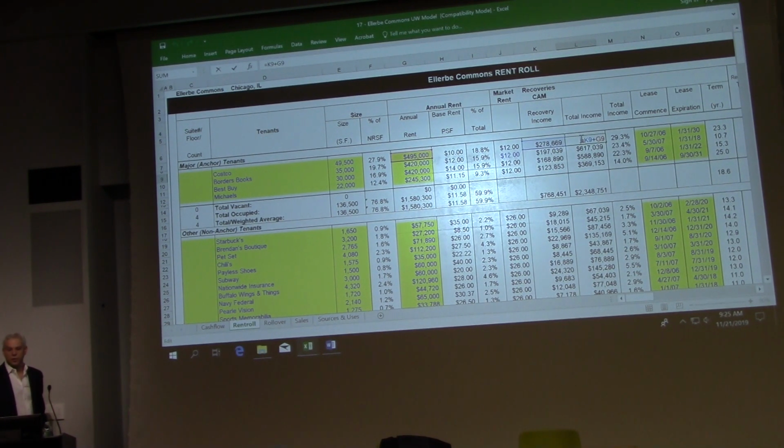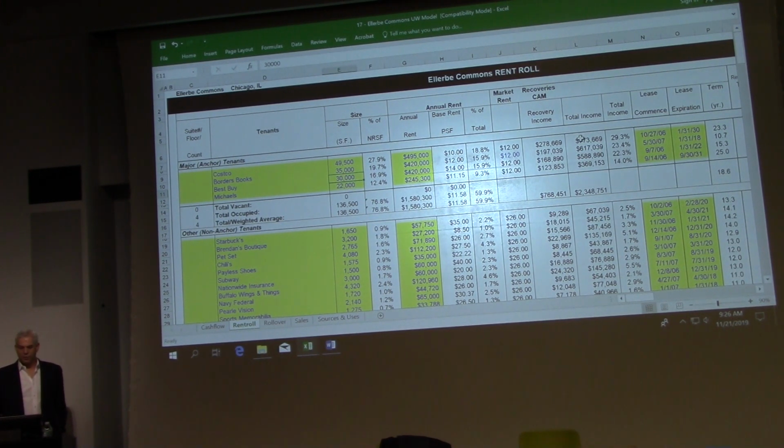So it's your pro rata share. So if Costco has 27.9% of the space, they're responsible for 27.9% of the expenses if it's a true net lease. Same thing for Borders, Creekside Borders, we're not going to underwrite that income.